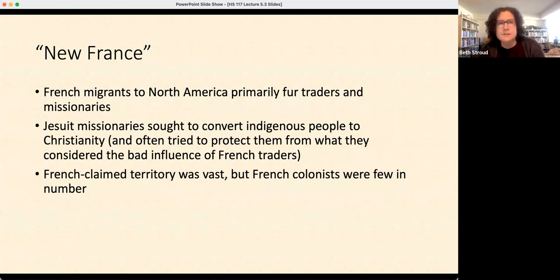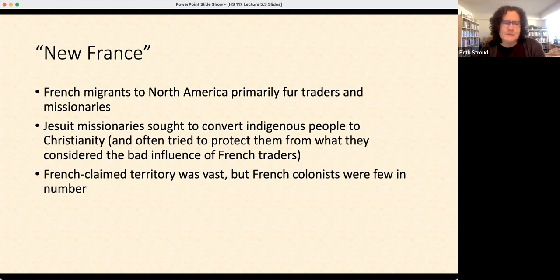They tended to work much more within the structures and systems of indigenous culture. They often also tried to protect the indigenous people from what they considered the bad influence of French traders.